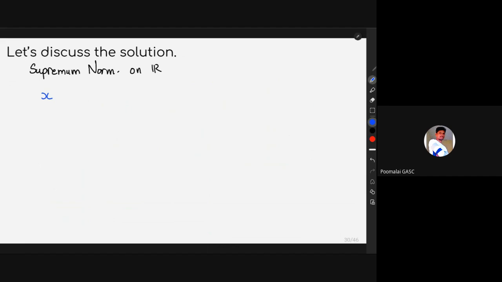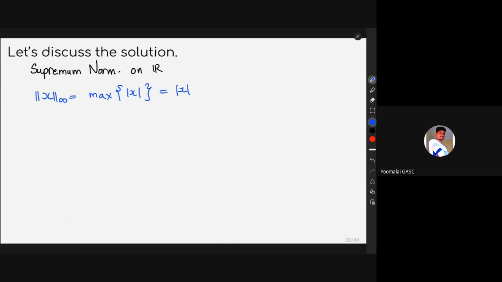So it is just x, and if I calculate the norm on it, by definition it is the maximum of the modulus of x, which is nothing but the modulus of x only. So in R, the supremum norm is nothing but the modulus of the real number.